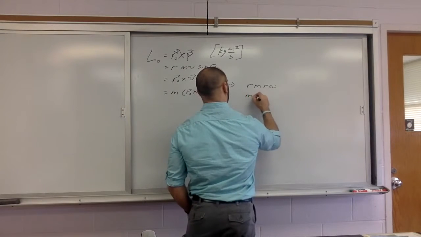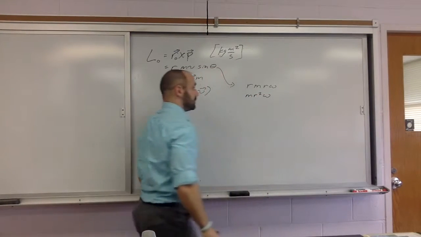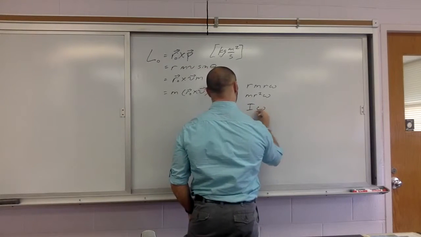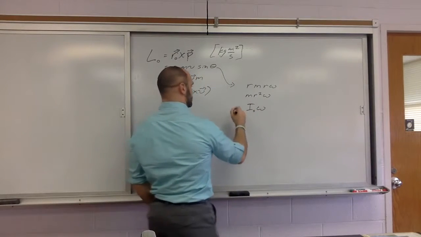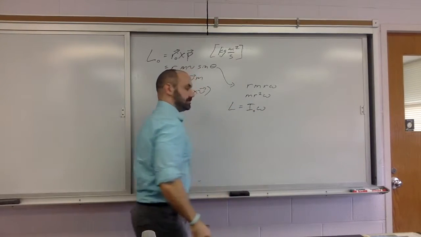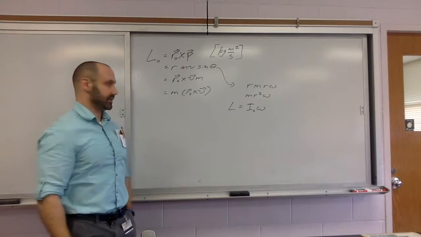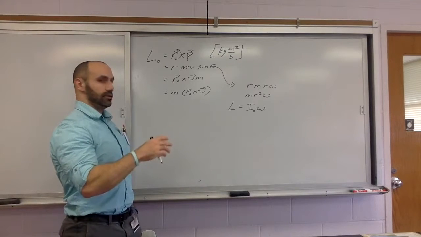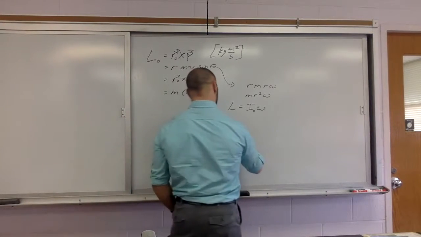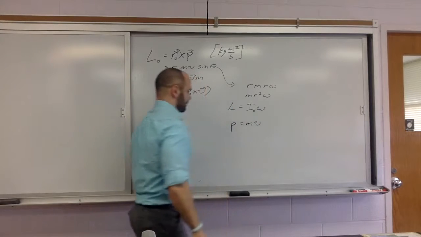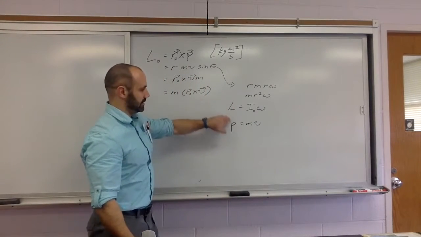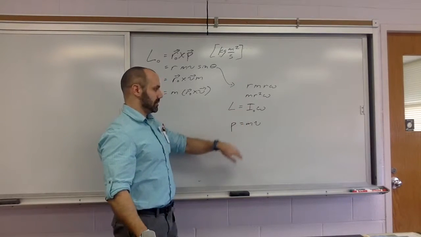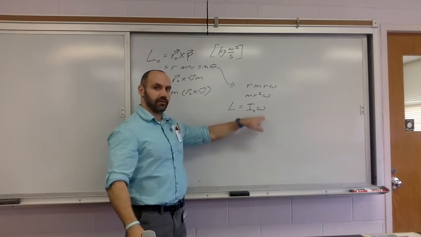So this is actually then mr squared omega. Mr squared is the moment of inertia. So this is I omega, right? So L is also I omega, the moment of inertia times the angular velocity. This now is the angular rotational equivalent of P equals mv. So now we have momentum, angular momentum, mass equivalent, the angular equivalent, which is moment of inertia. Instead of v, now we have angular velocity.